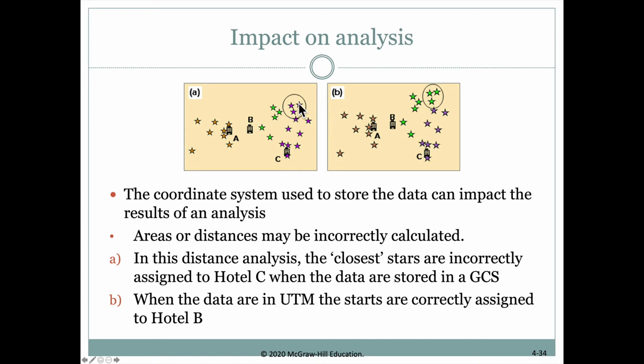In this example here, which we made with the geographic coordinate system, it appears that these three points here are closest to Hotel C, whereas in fact, if we convert this to the Universal Transverse Mercator map projection, which does a better job at representing the distances, we can see that these three locations here are actually more proximal to Hotel B, which is really the distance that we would measure on the ground. So that's the better answer in this case.